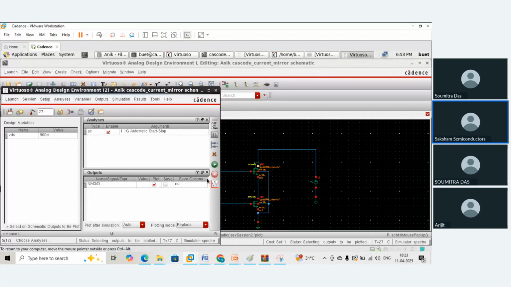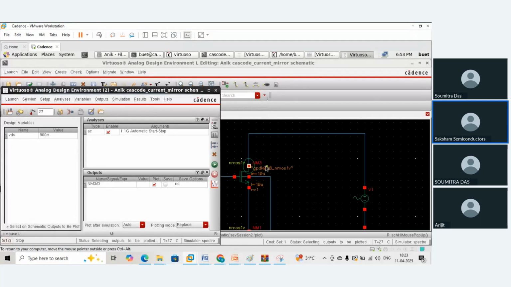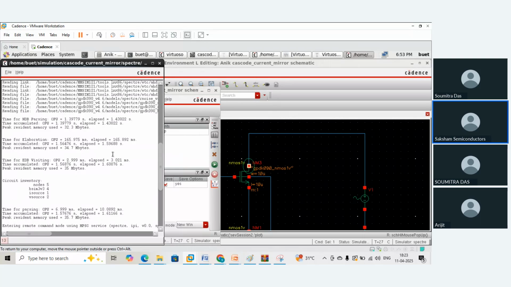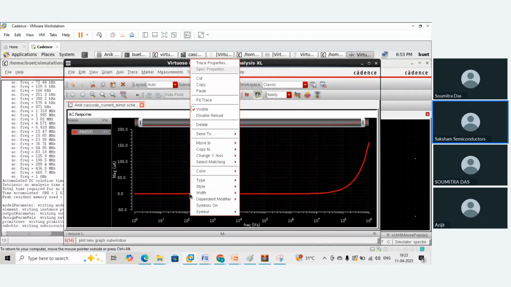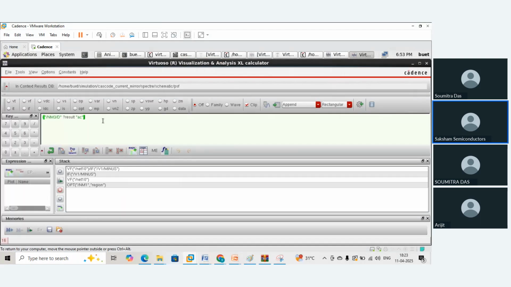So NM3, if you see over here, this is NM3, and the drain current of that NM3 MOSFET is being chosen. Now let us use a new window and run it. This will give you a plot of ID versus VDS in the log scale, and you want to take the reciprocal of that to obtain the resistance.